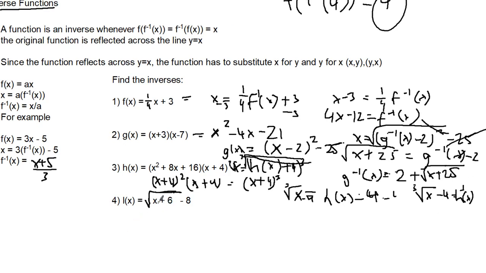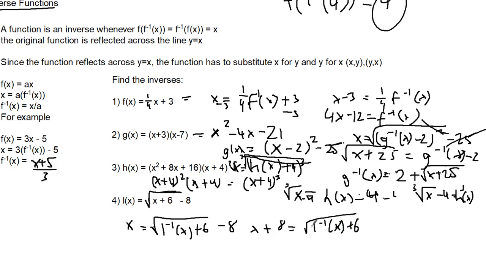Okay, L of x. L of x is equal to the square root of x plus 6 minus 8. Now, there's only one L of x, so we can switch x and L of x. So x is equal to the square root of L inverse of x plus 6 minus 8. We can add 8 to both sides. We'll get x plus 8 is equal to the square root of L inverse of x plus 6.